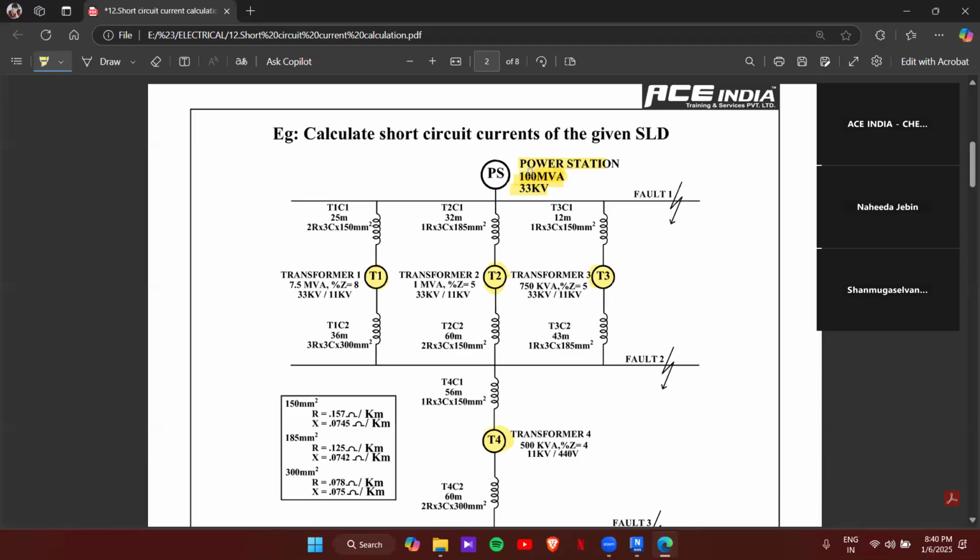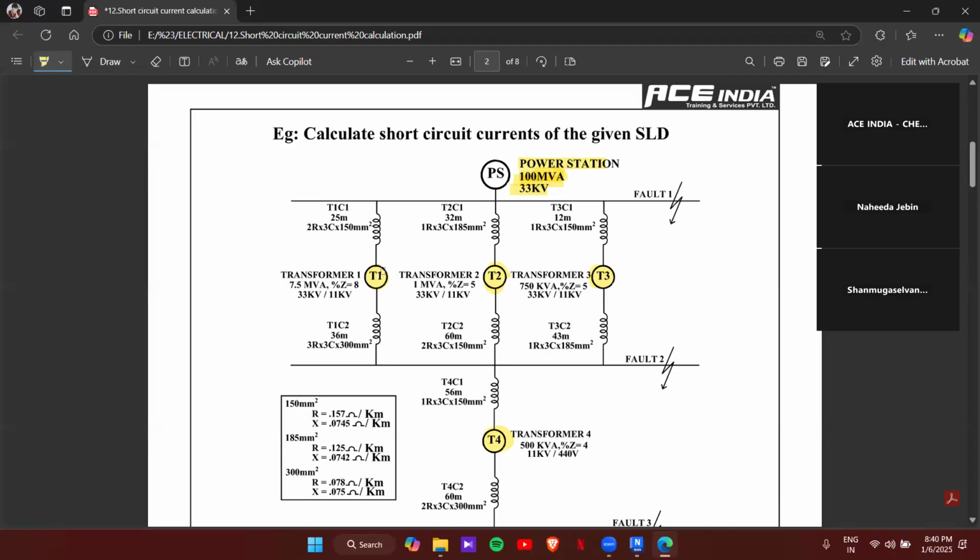And if you have 200 MVA, 300 MVA, 400 MVA, whatever your power generation in megavolt ampere, 10 is actually common for all the systems. So that's why, as a common multiple, we are considering 10 as a minimum.